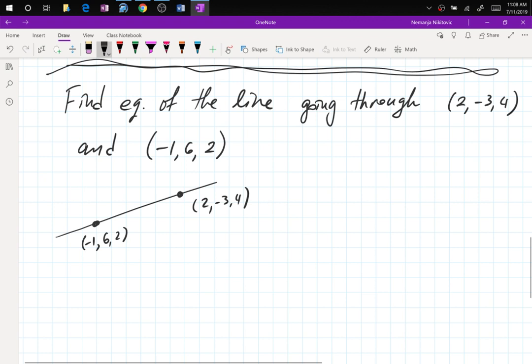That's extremely important because that's your P0 and that's going to be your X0, Y0, Z0. It's important because there is a calculation that will depend on your choice. You are allowed to choose either of the two points, but you have to stick with it through the end of the calculations. So if I pick this to be my P0, which is the fixed point, then that means that my X0 is -1, Y0 is 6, and Z0 is 2. So this is something that is important.